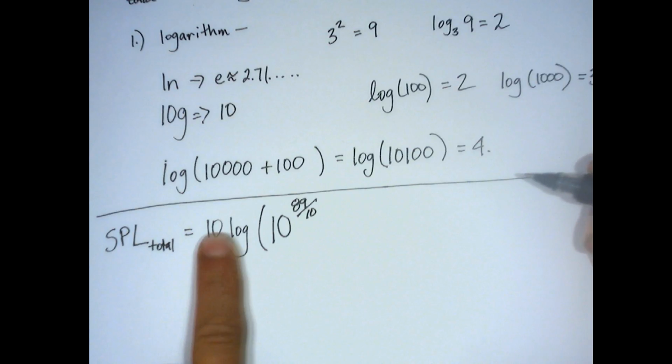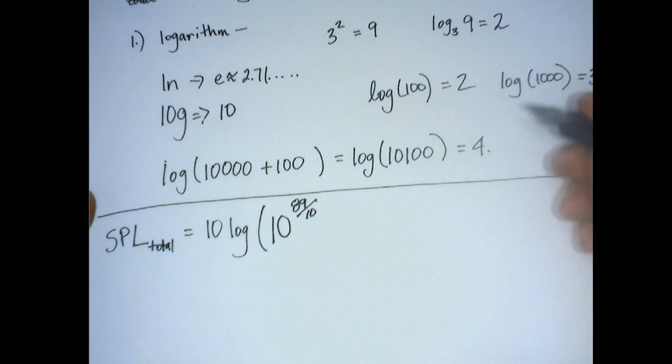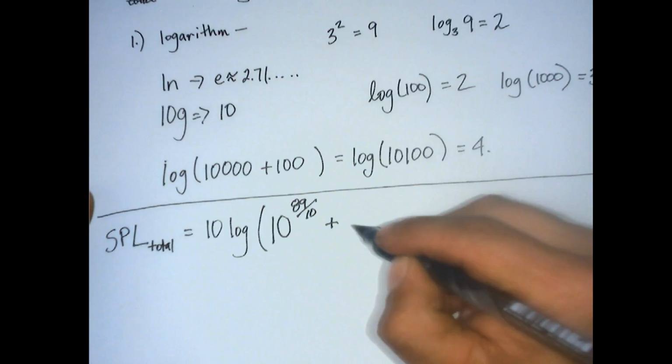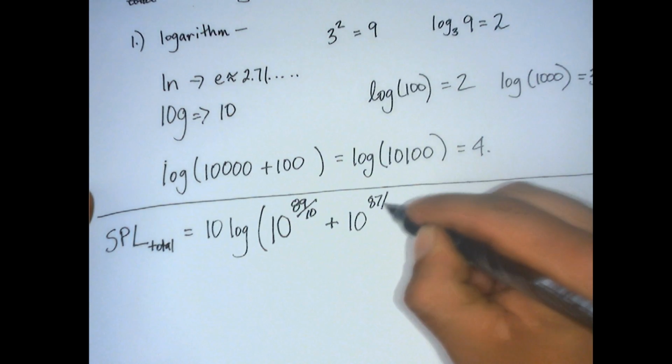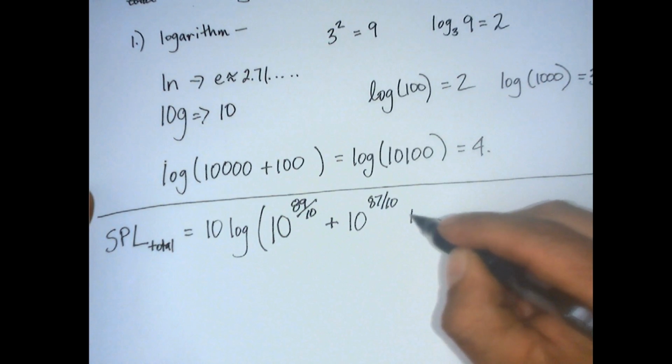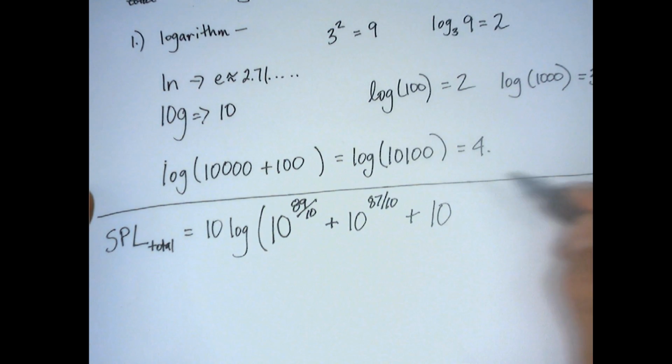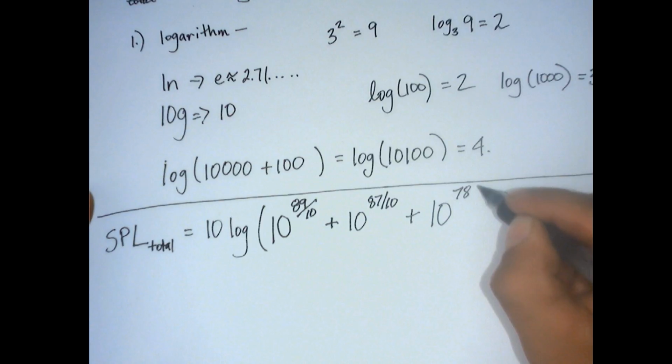And it's not a mean. I say it's a mean, but it's not. The second decibel level is 87 divided by 10. And the third source is 78 decibels divided by 10.